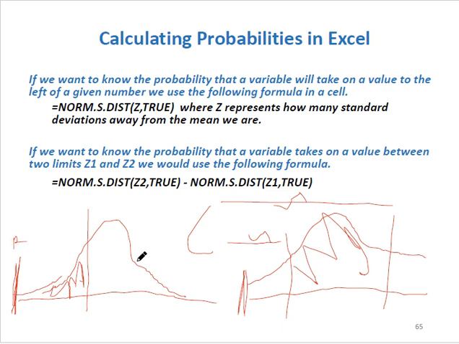So you will get from here to here, and then from here to there, and of course you have to take this out of there in order to get this area right here, because your interest is this area, not that. When you call NORM.DIST you get area from here to here and from here to here, so you have to chop this area out in order to get the interval right there.